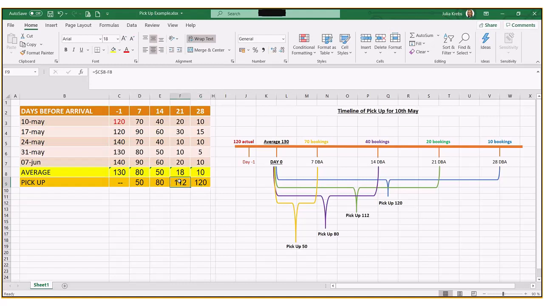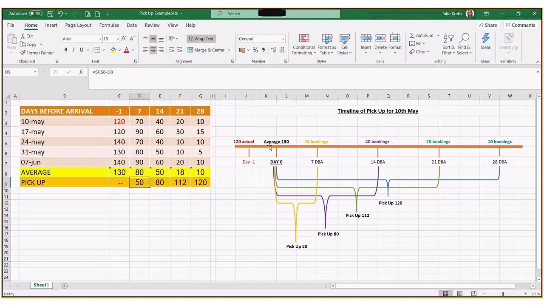Then 112 for 21 days to the day of arrival, 80 bookings 14 days before, and 50 in the last 7 days, the last week before the day of arrival and therefore check-in. So with 10 bookings at 28 days before arrival, we should have a pickup until day 0 of 120 rooms in order to achieve somewhat the average of 130.